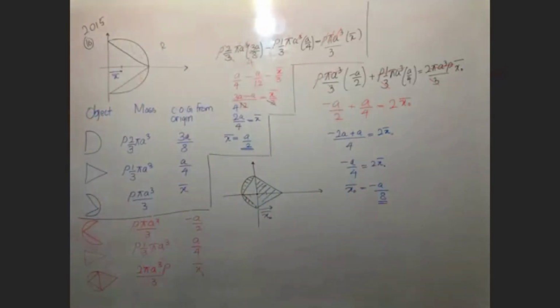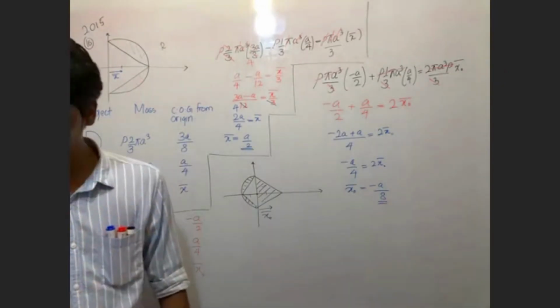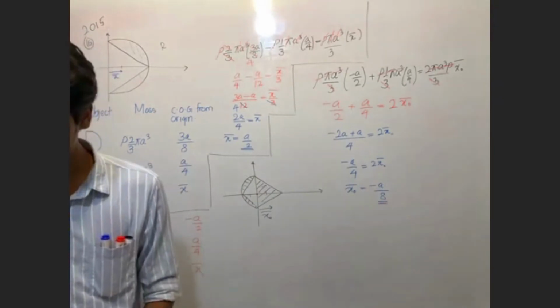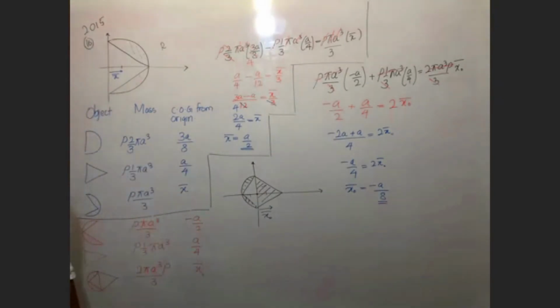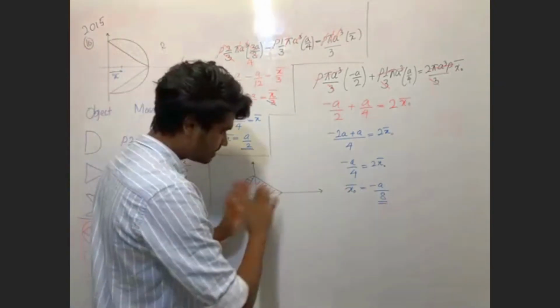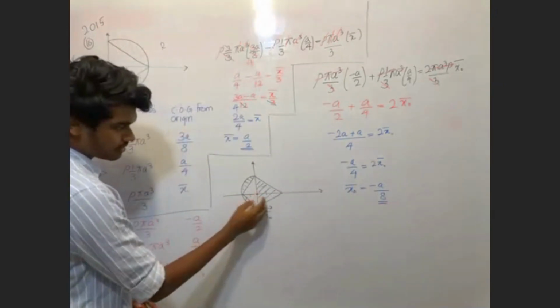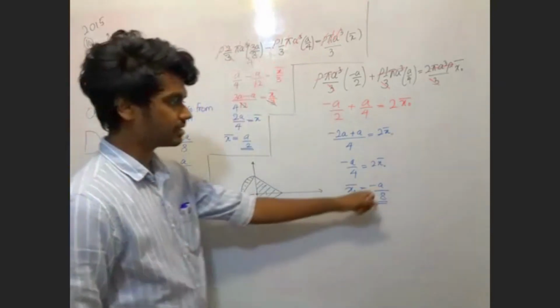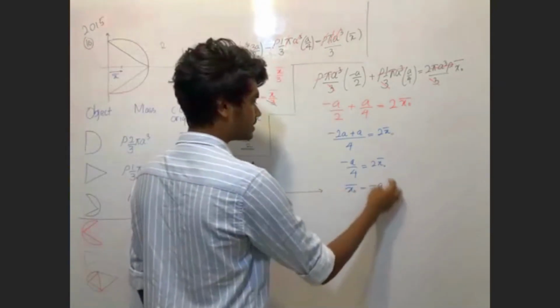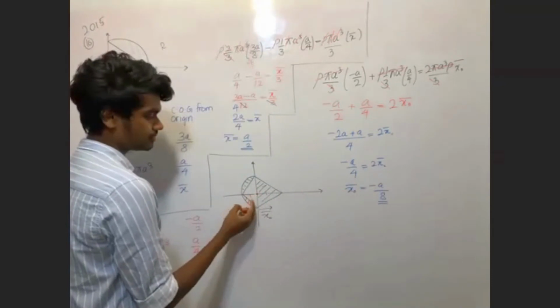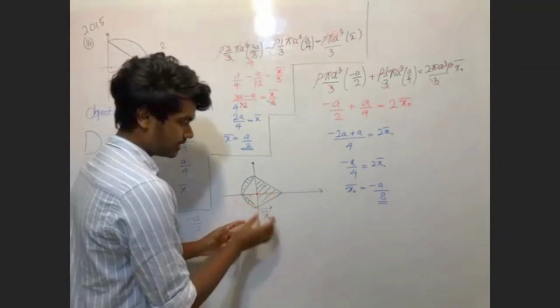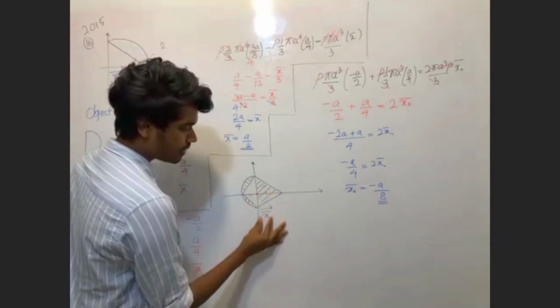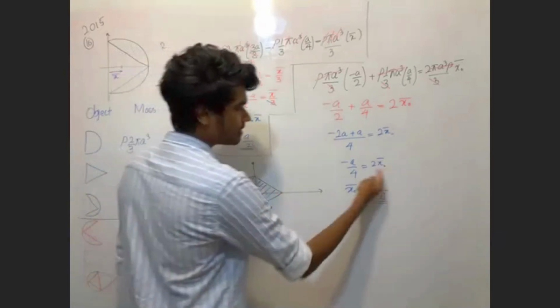This is the answer that they asked, right? That is a over 8 from the common base. So it's not towards this side, it's towards this side. Why did we get minus here? This minus denotes that I took x naught bar to be in this side, but in the answer I got minus.